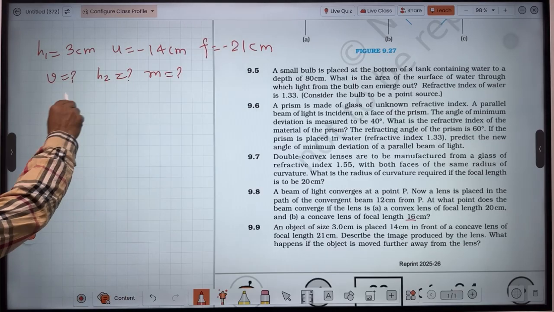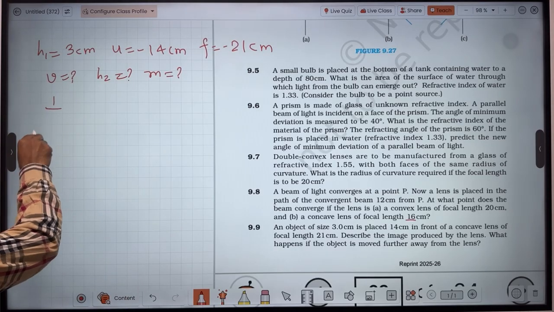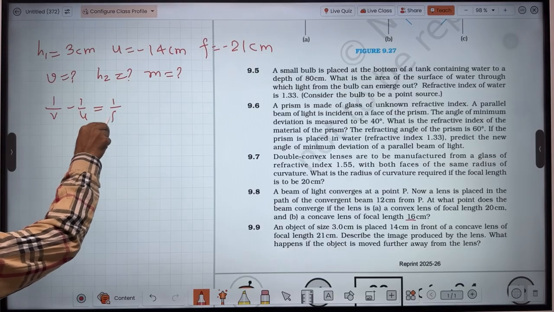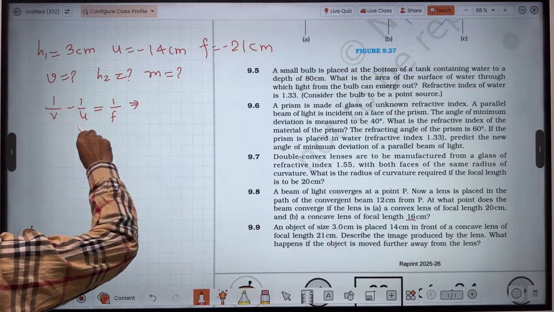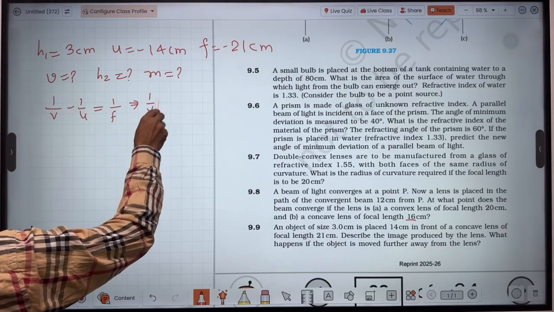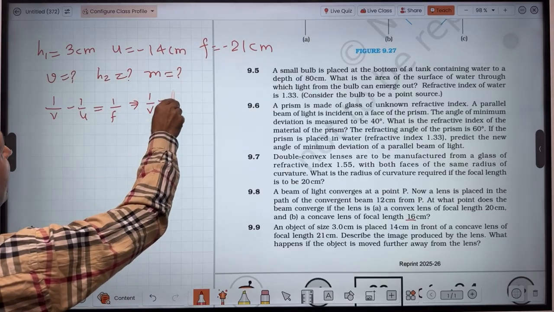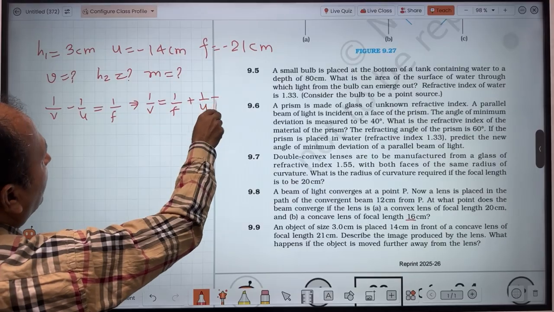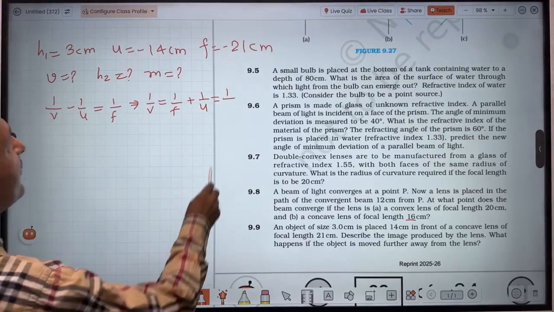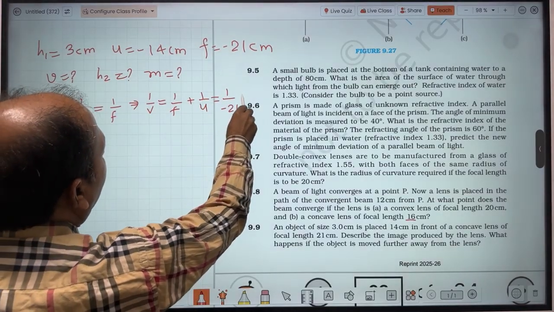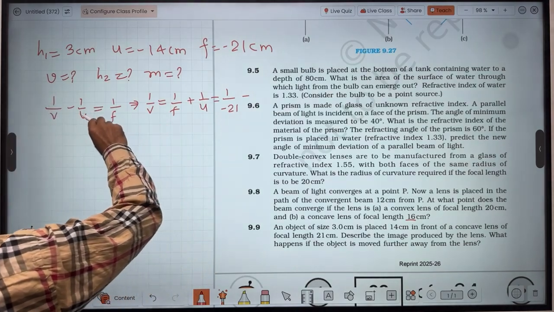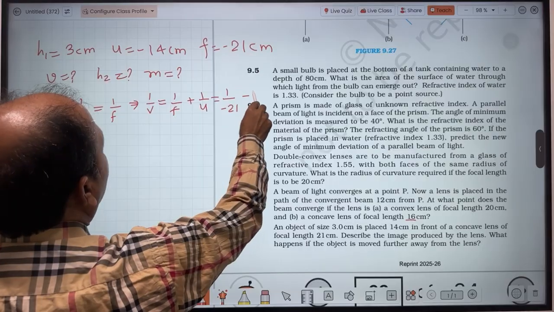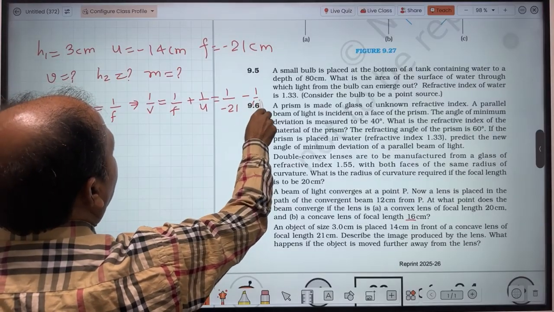Okay, using the lens formula 1 upon v minus 1 upon u equal to 1 upon f. Let's put the values. So 1 upon v equals 1 upon f plus 1 upon u. So 1 upon f, focal length is minus 21, and u is how much? u is given minus 14.